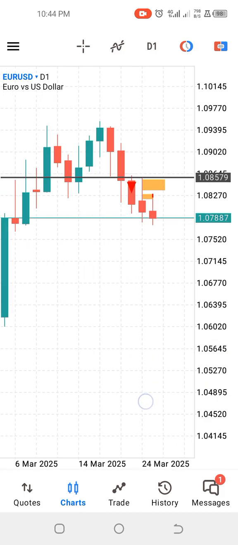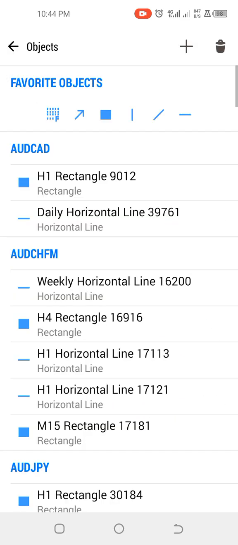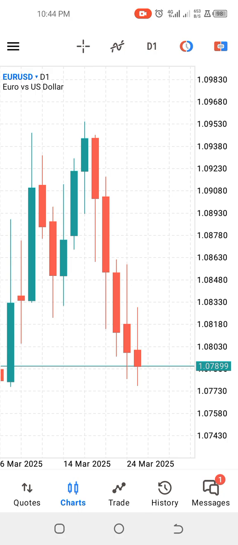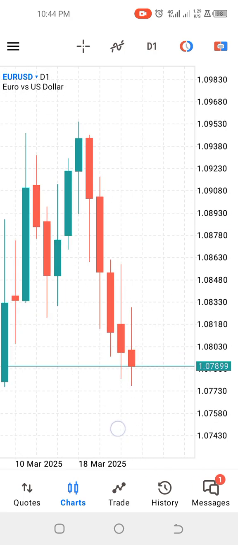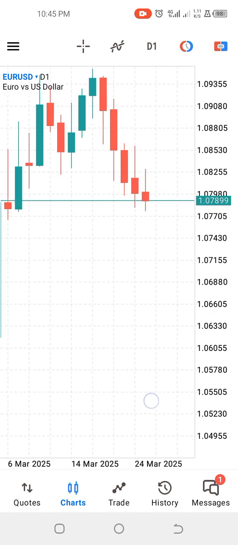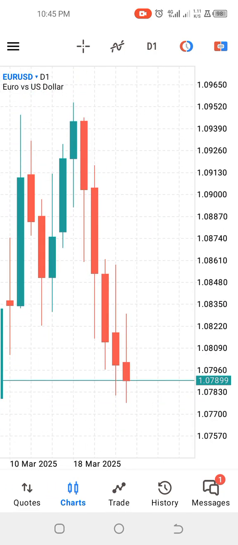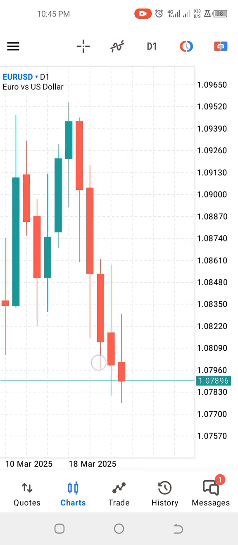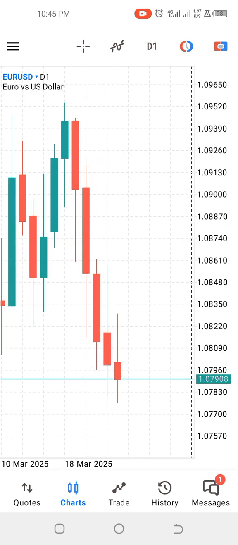Let me just clear this old chart on Euro USD so I won't be going too far. I'll just be using the present price action that I'm having right here. Now, Euro USD according to the daily time frame, because price is fractal, meaning what you have on the daily time frame, if you go to the lower time frame, you will have the same thing, just in a different form.